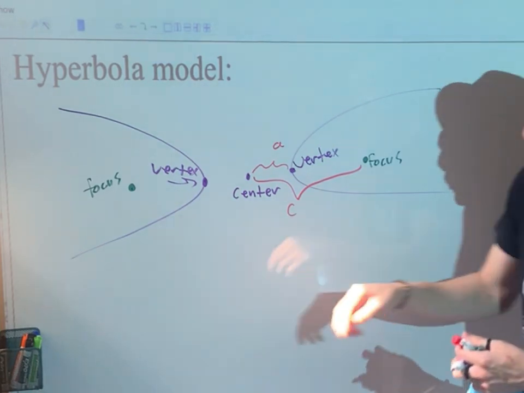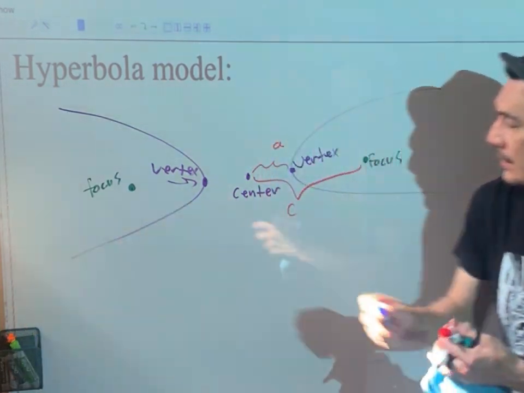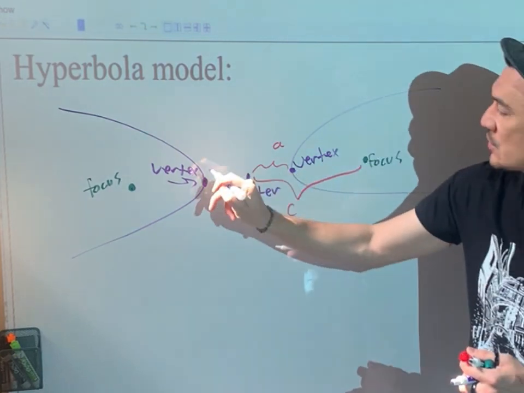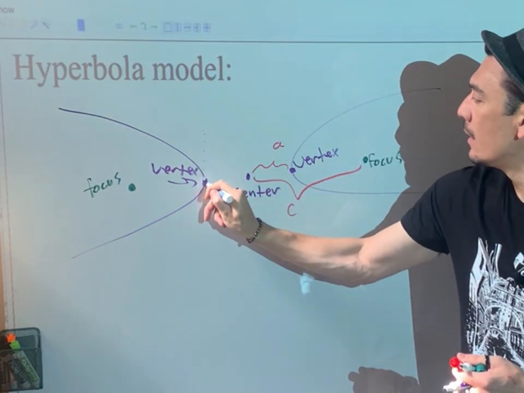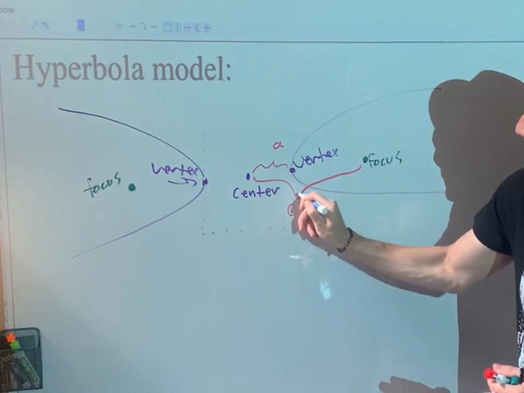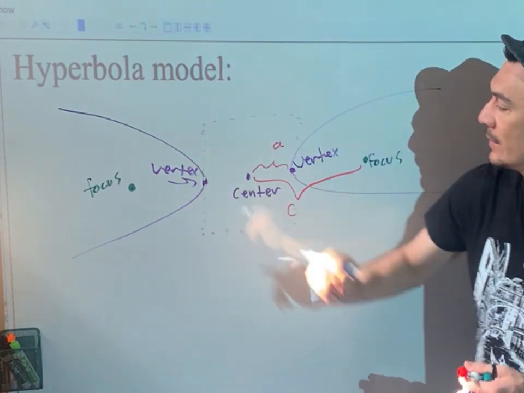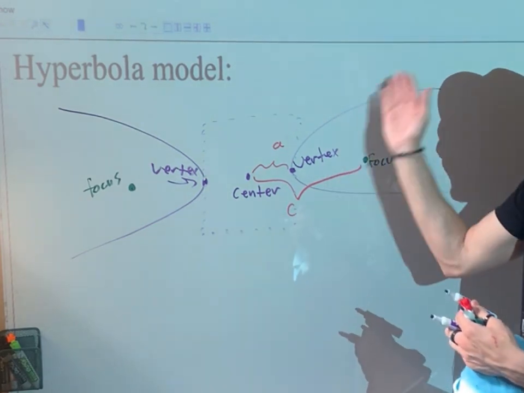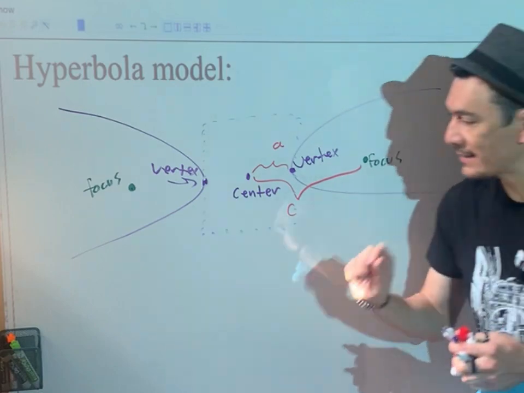Now, here in blue, you guys are going to see that we have sort of a box, a rectangular dotted box. So draw a box like this, if you would. Draw like a rectangle there. And then what I want you to do is draw the diagonals of this rectangle.